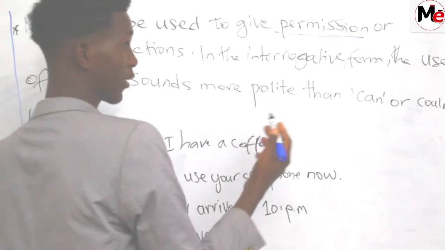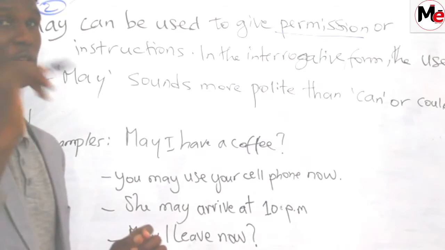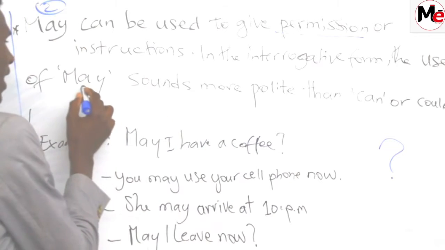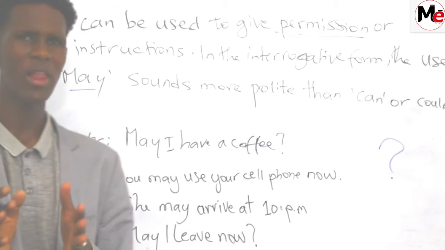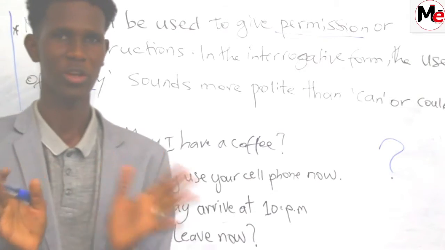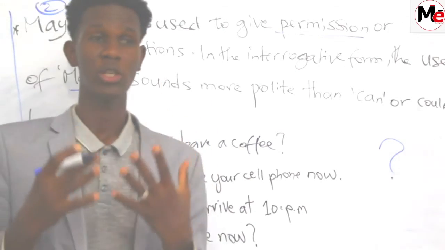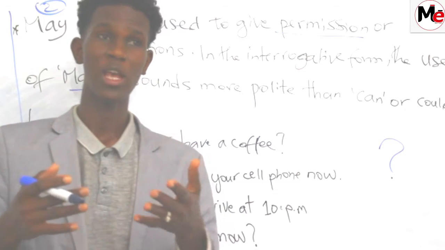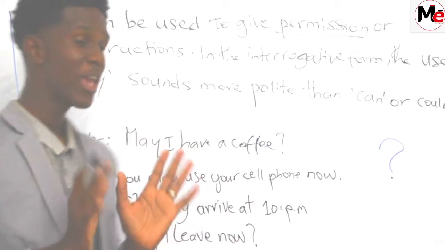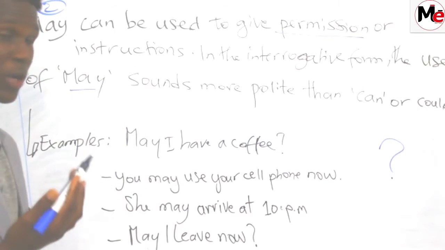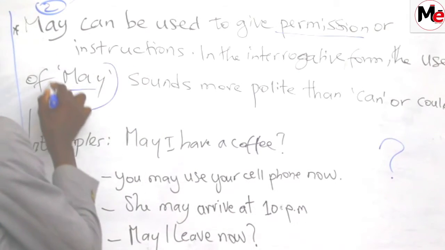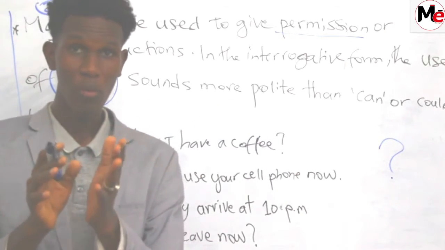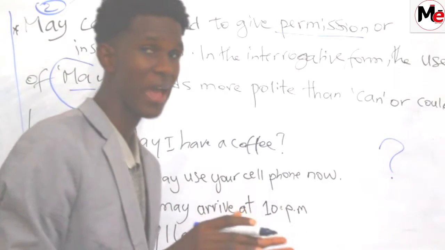In the interrogative form, the question form, the use of may sounds more polite than can or could. In the last lesson, we mentioned that can or could can be used to request: Can I go? Could I have a drink, please? Here we know that may sounds more polite than can or could. So if you use may, you are more polite than someone who uses can or could.